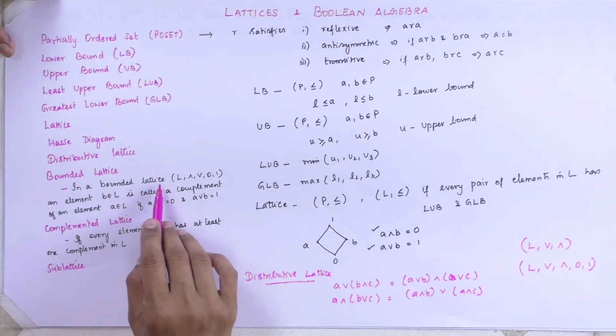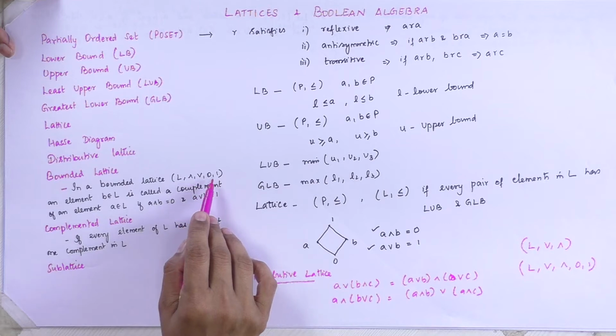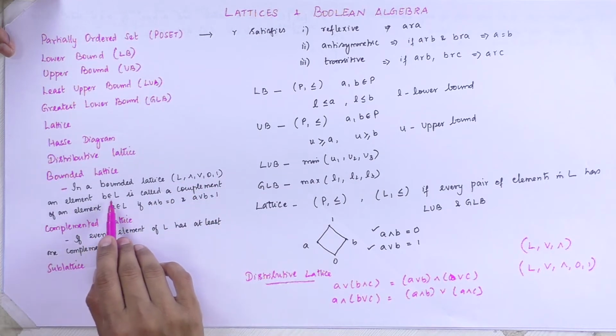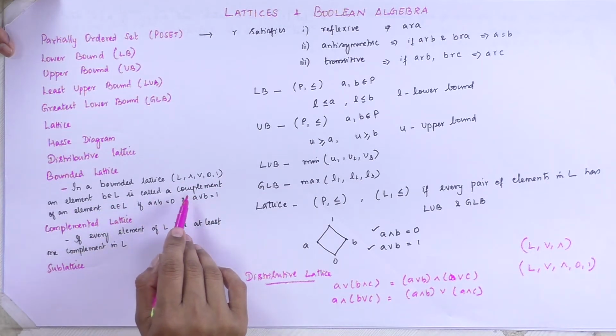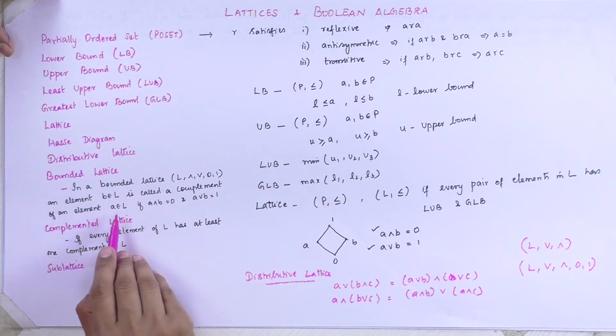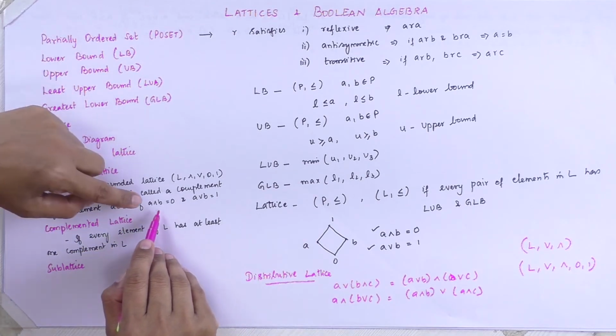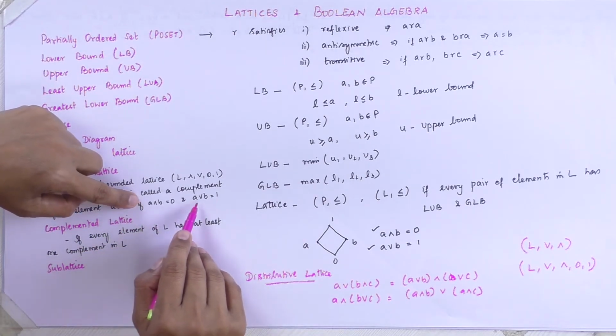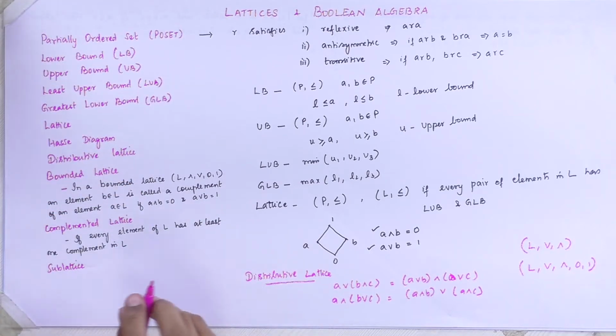See here, in a bounded lattice (L, and, or, 0, 1), an element B belonging to L is called a complement of an element A belonging to L if A and B equal 0 and A or B equal 1.